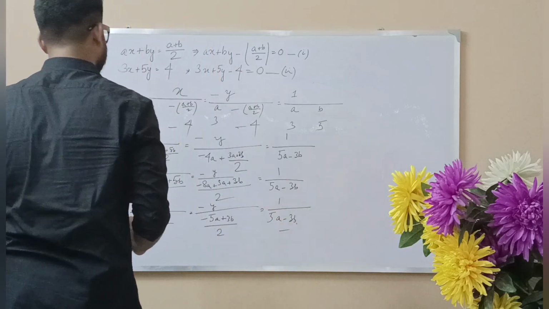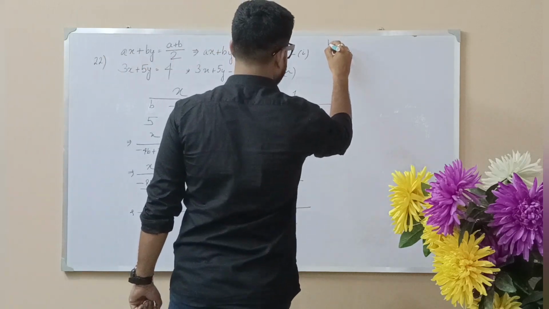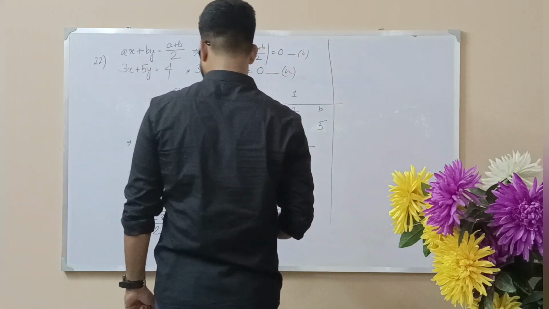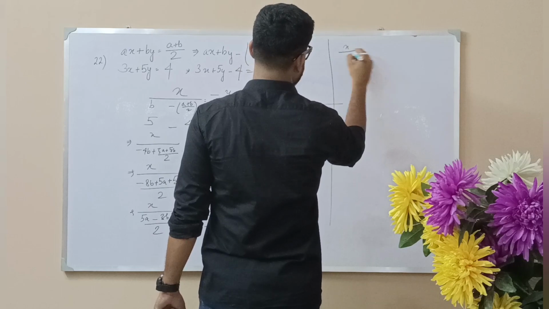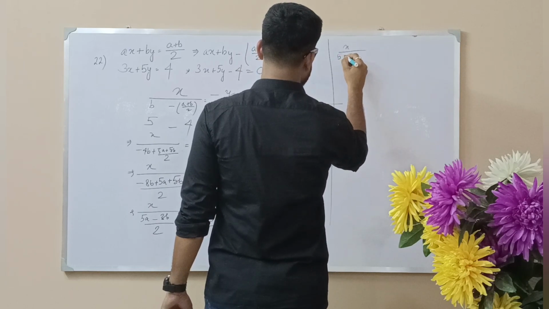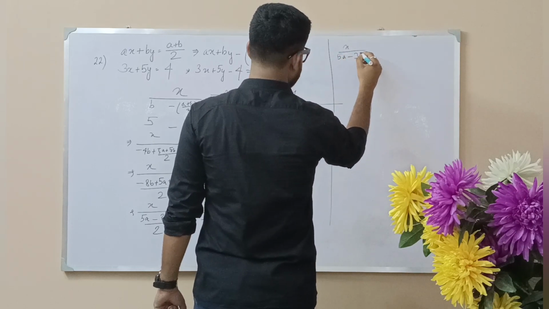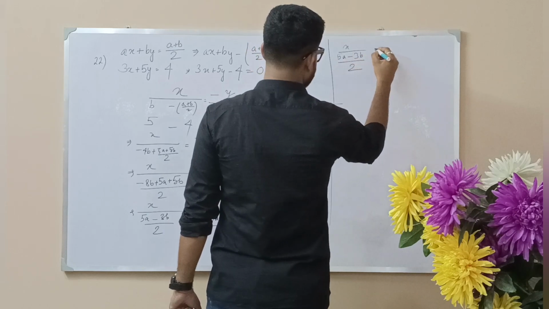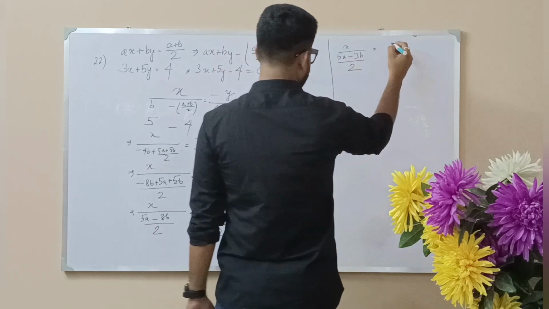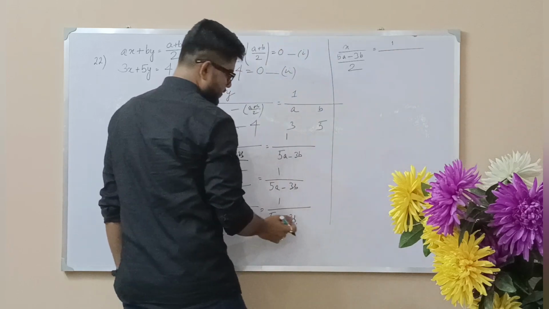Now I'll find the value of x, then y. So x by (5a minus 3b by 2) equals 1 by (5a minus 3b).